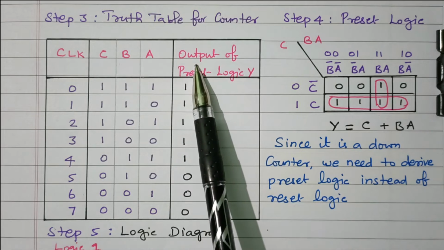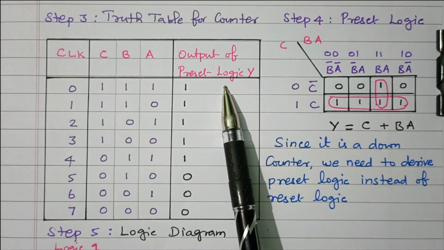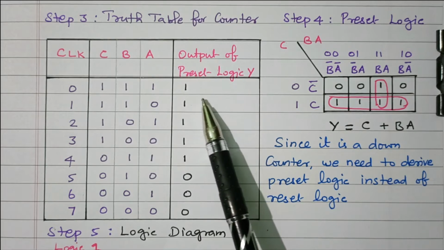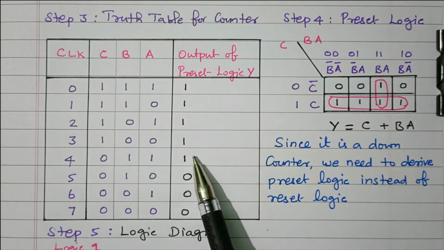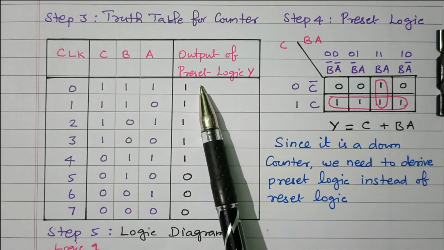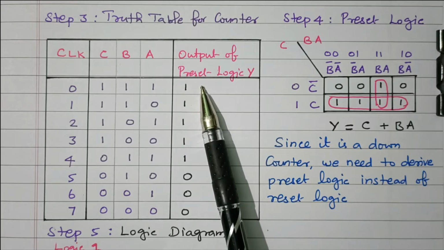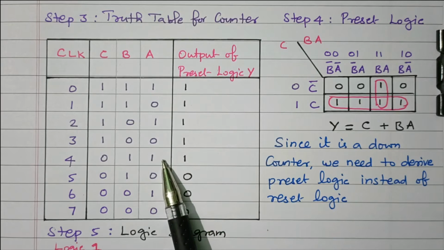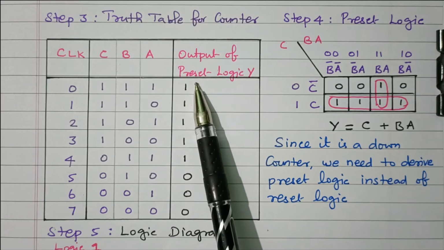This is the preset logic. We need to preset the flip-flop so that it will execute from 0 to 4. After 5, 6, 7 it will preset and again it will start. If it is an up counter, we give the reset logic: 0 to 5, thereafter the flip-flop will be reset. But because it is a down counter, we are using the preset logic.